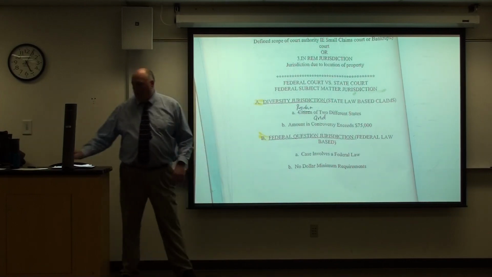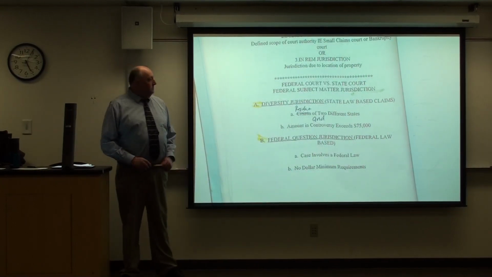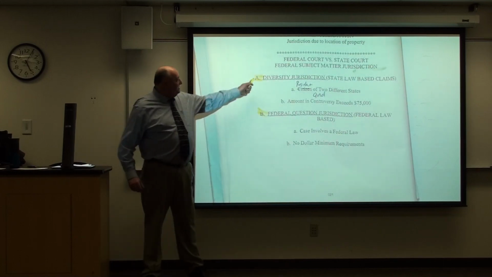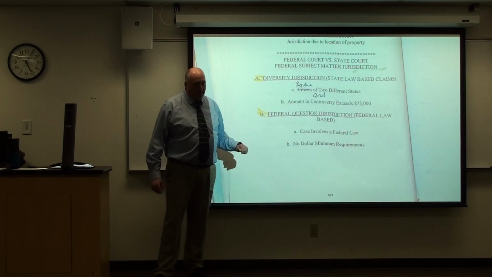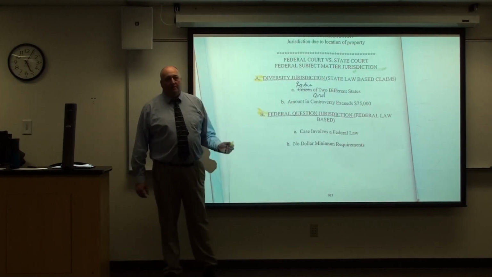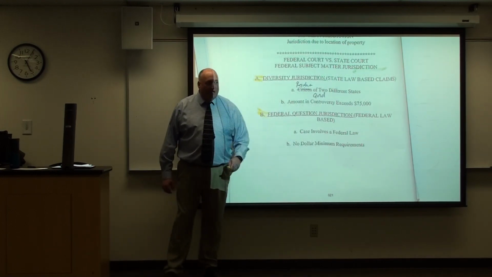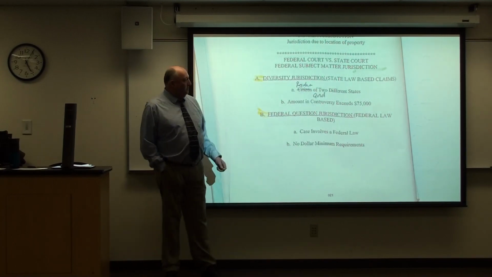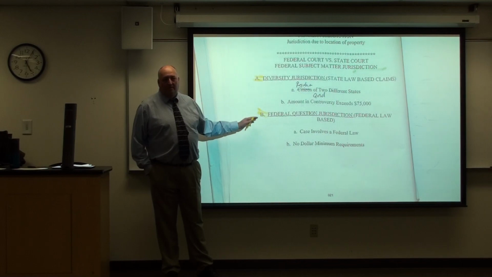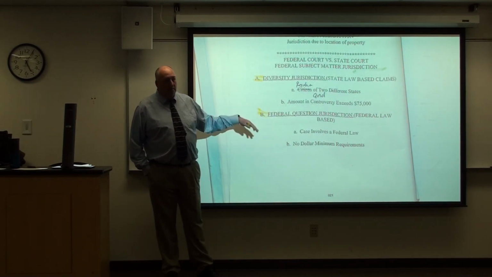So, in order to get into federal court, you must have a case that involves one of these two types of jurisdiction. If not, a federal judge is going to throw the case out and send it to state court. It's called a removal to state court. Federal judges don't want to deal with cases if they don't have to, nor legally can they. They don't have authority.